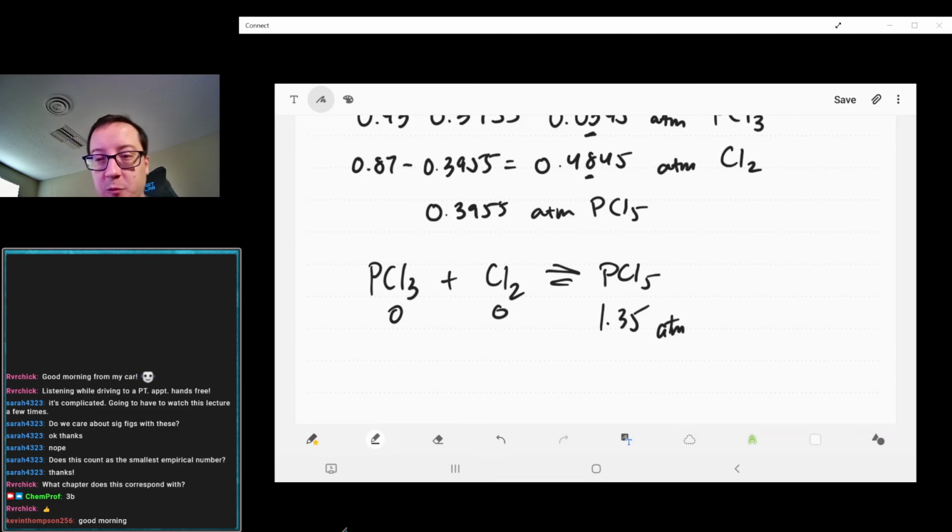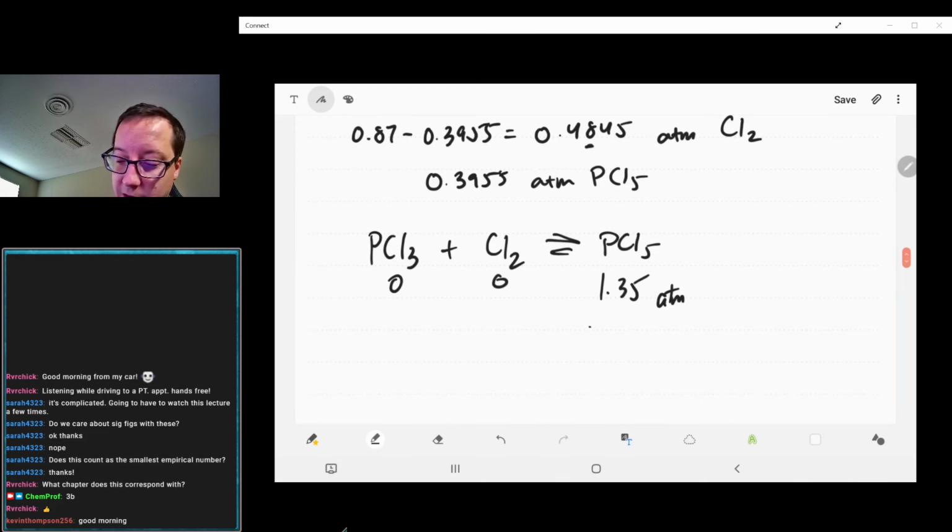But why bother? We can just say, okay, we know we're going to use up some of the PCl5. We know that because Q is, in this case, going to be bigger, right? It's infinity. We have 1.35 over 0. So definitely Q is going to be way too big. So as a result, we're going to start using up our products. So we're going to add x to each side. A little bit easier math this time.